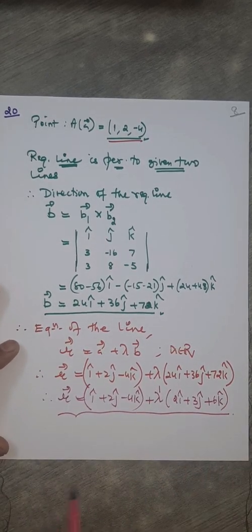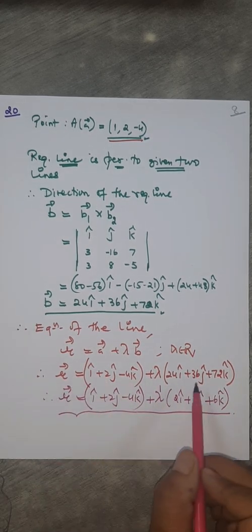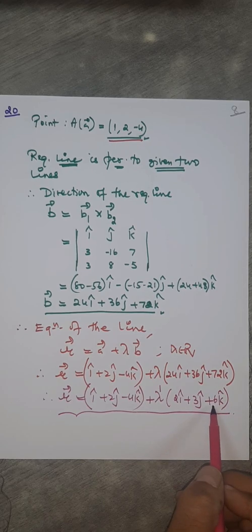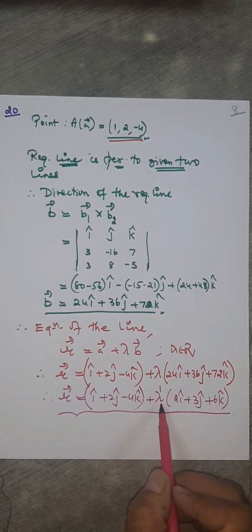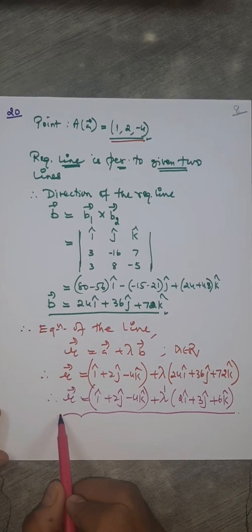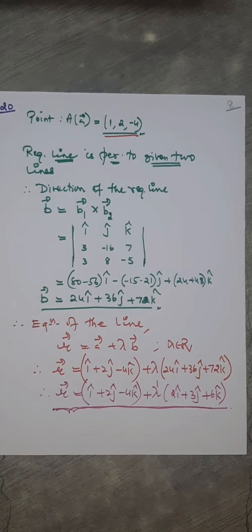This is the required line. What I did, you can keep it in the other form also, remember, but I have taken 12 common. So here 2, 3 and 6, and this 12 lambda I have called lambda dash. Therefore this is the vector form of the line which is perpendicular to the given two lines.